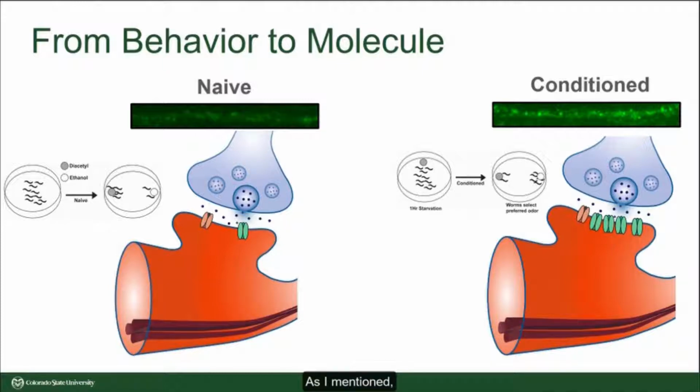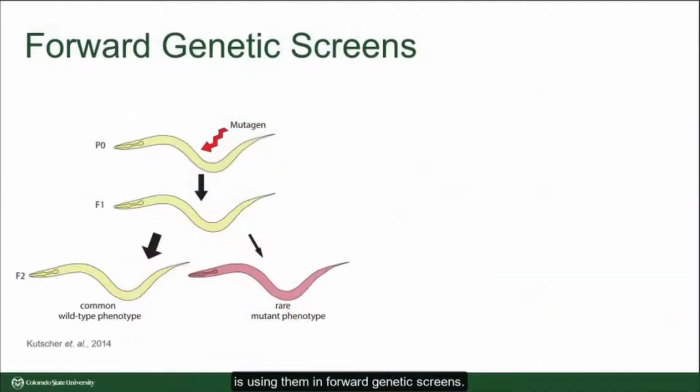And so as I mentioned, arguably one of the very powerful things that you can do with C. elegans is using them in forward genetic screens. Basically what you do is you just take a large amount of worms, expose them to some mutagen, EMS, you let them go a few generations. And again, this would only take about 5 days, not even 4 days.